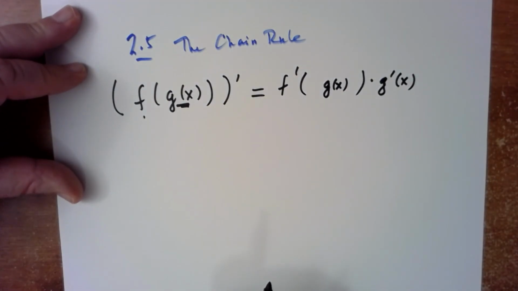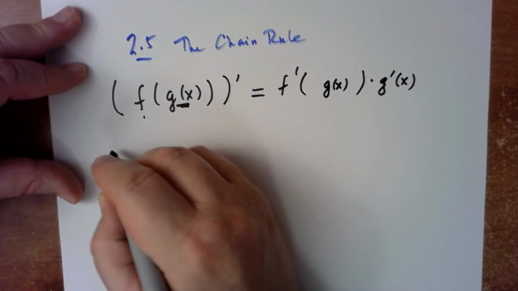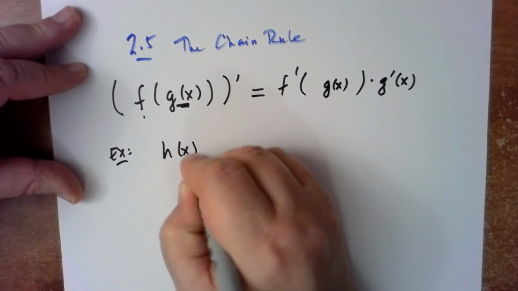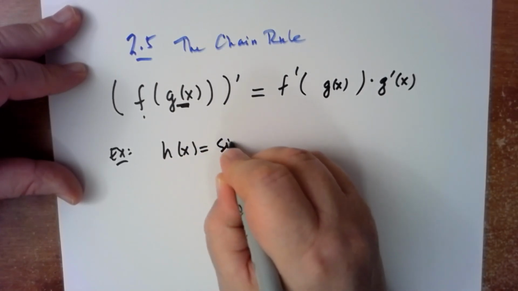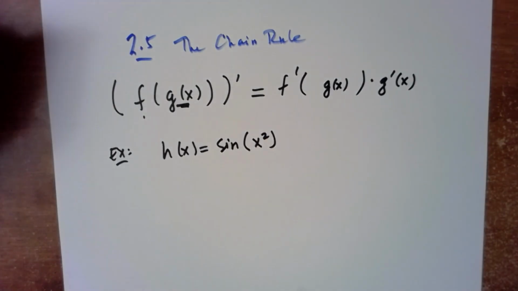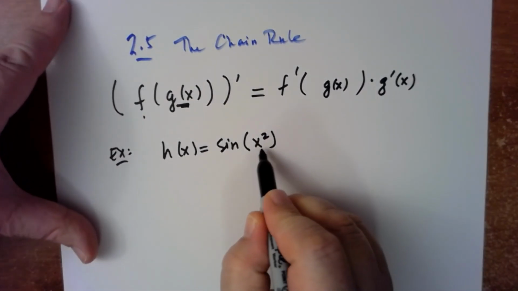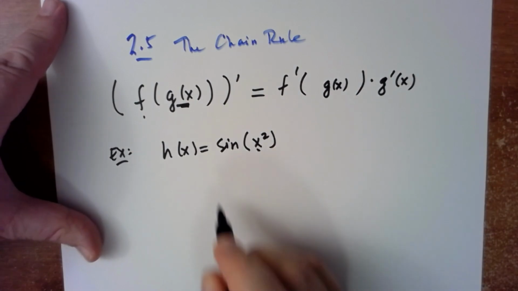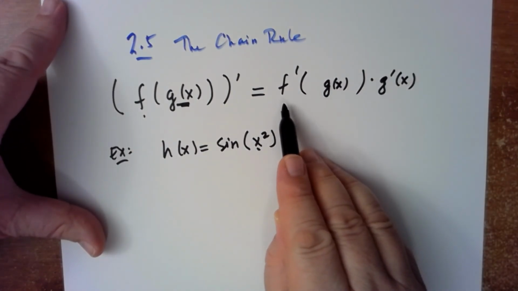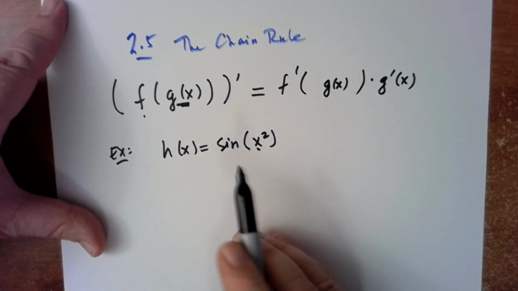Okay, so just as a quick example, suppose I have h of x equals the sine of x squared. The x squared here is our inside function, and so these instructions are telling us to take the derivative of the outside function, being sine.